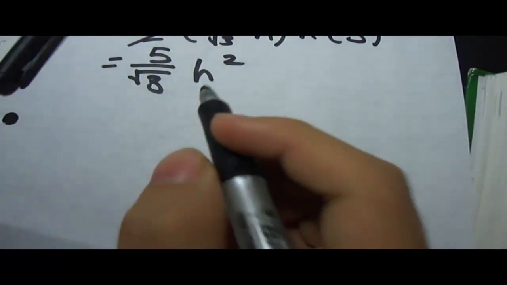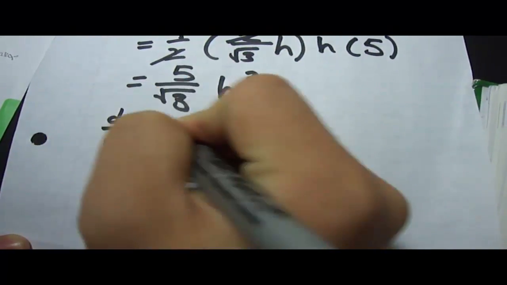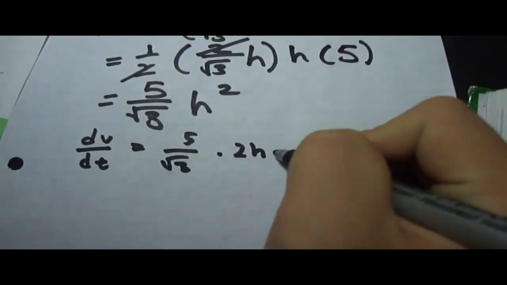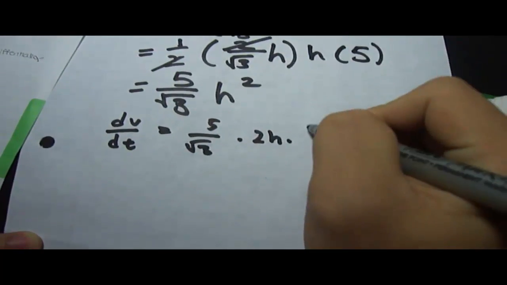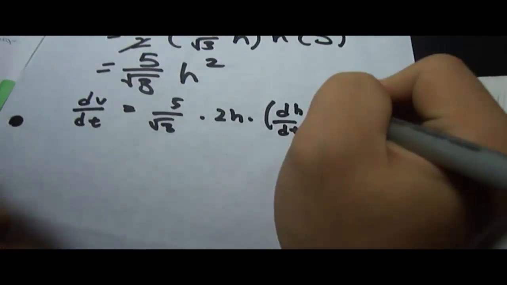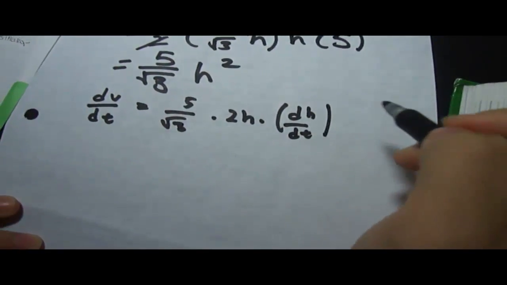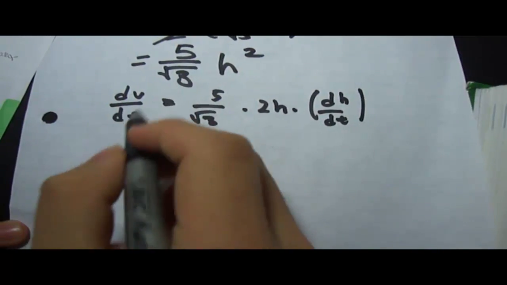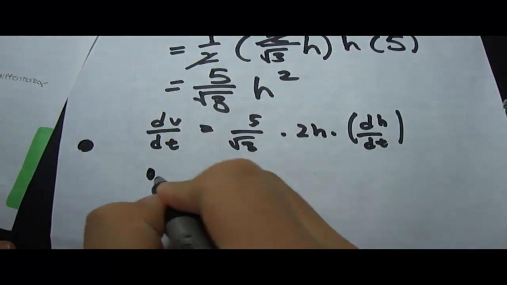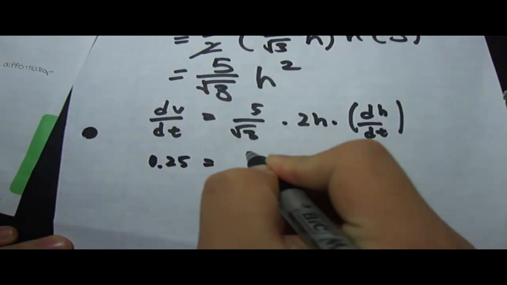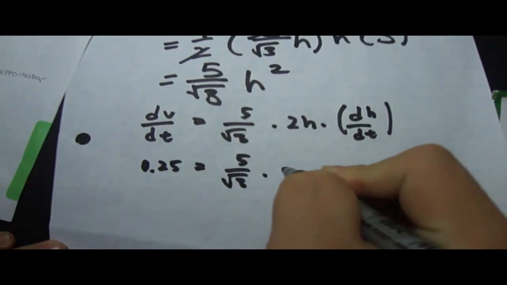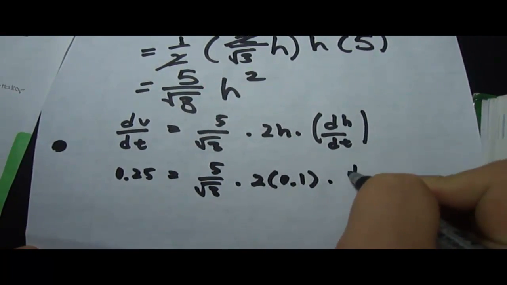So from here, now we have to derive this function, which is dV over dt equals 5 over root 3 times 2h times the derivative of this, which is dh over dt. From here, we have to use implicit differentiation. So dV over dt is given from the question, which is 0.25, equals 5 over root 3 times 2 times the h, which is 0.1 meters from the question, times dh over dt.